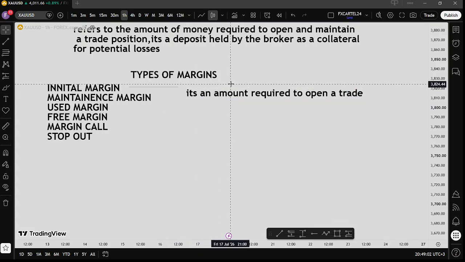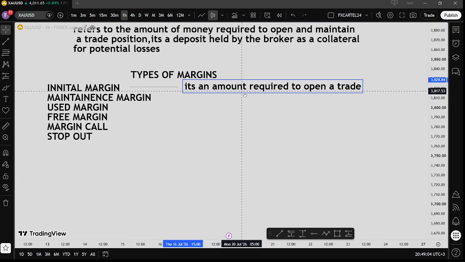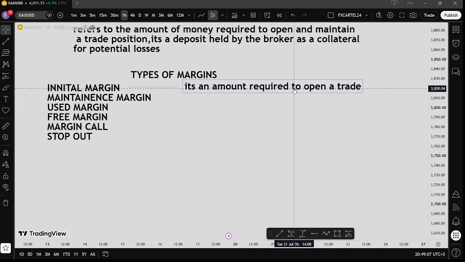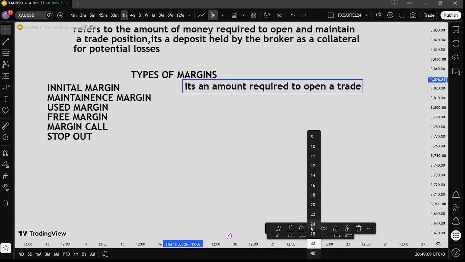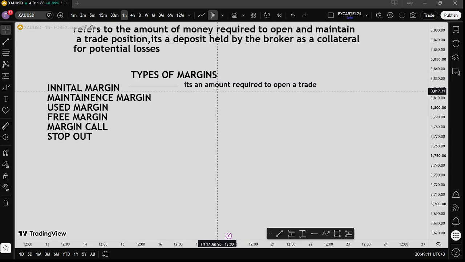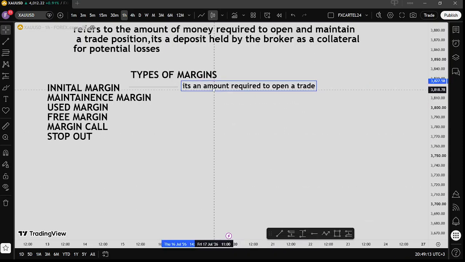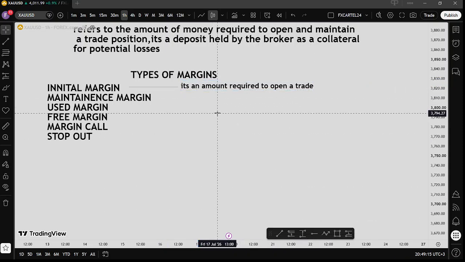That means you can align the lot size with the margin. If you align it well, it will tell you that the amount is low.